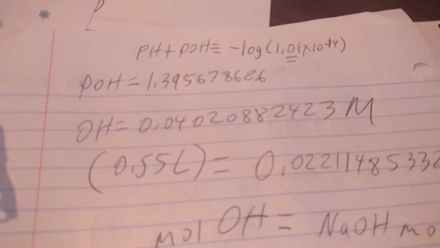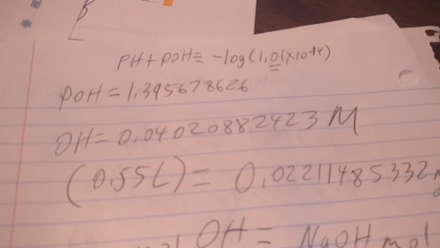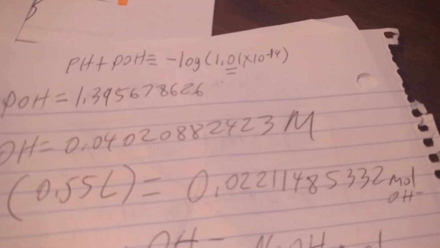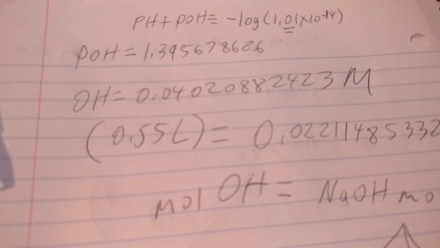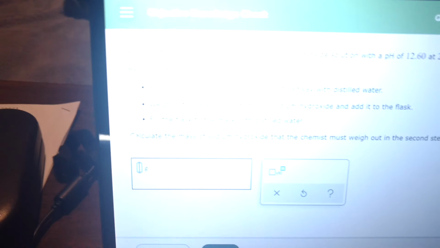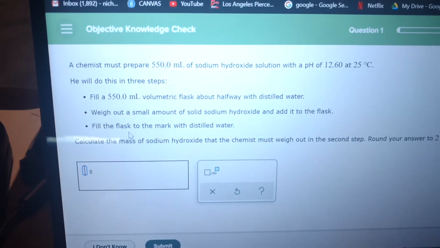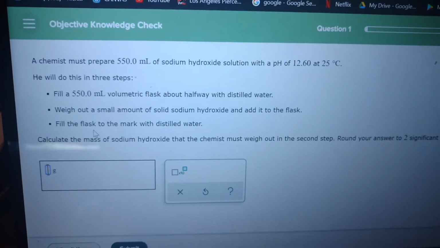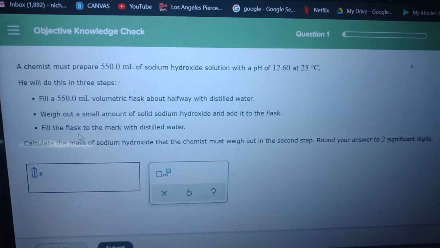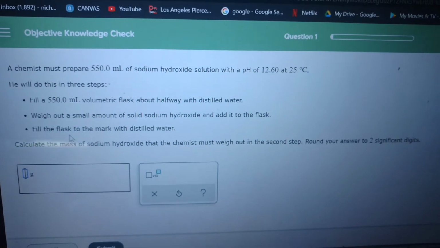Right? So in order to find the actual number of moles, we take the concentration and multiply it by the volume in liters. In this question, notice that the solution is 550 milliliters, which, because molarity is calculated with liters, we need to convert.